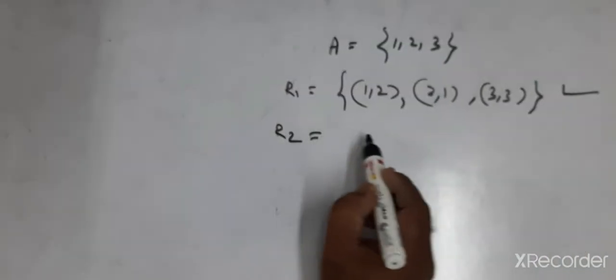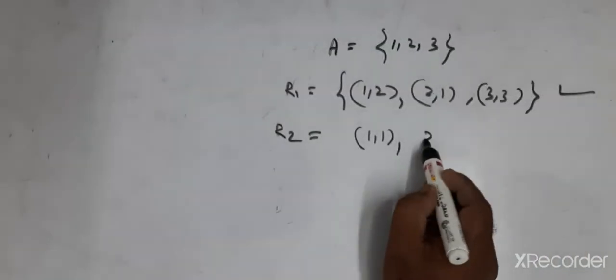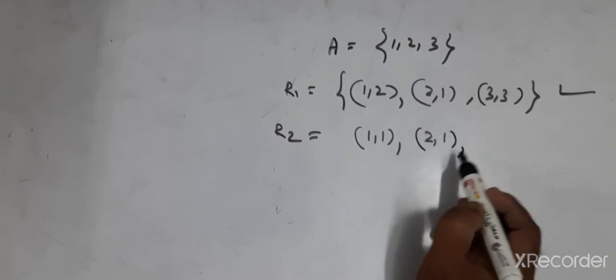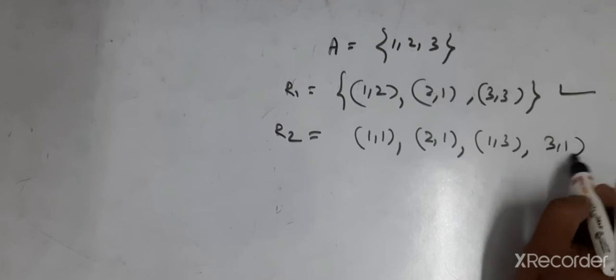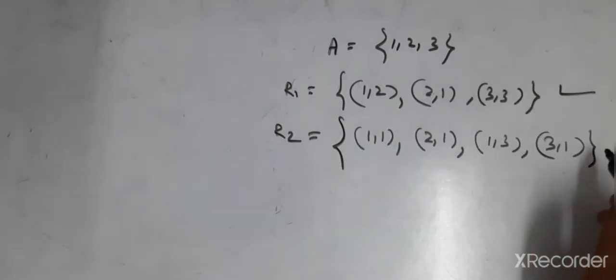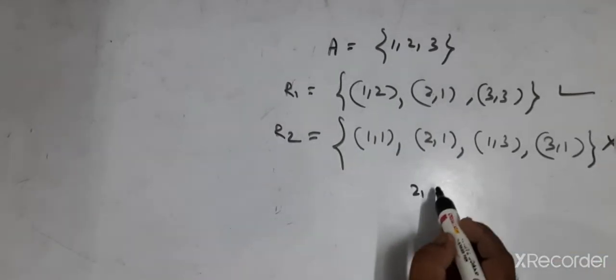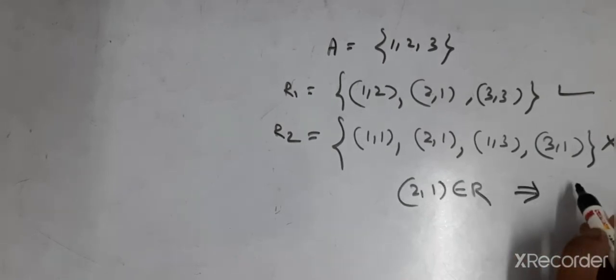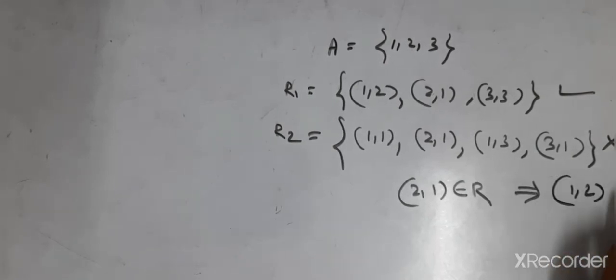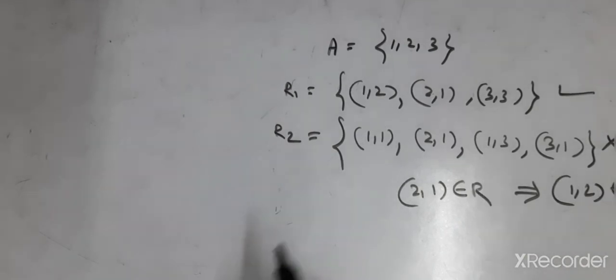Say R2 equal to (1,1), (2,1), (1,3), and (3,1). This is not symmetric because (2,1) is present here, but (1,2) is not present here, so it is not symmetric.